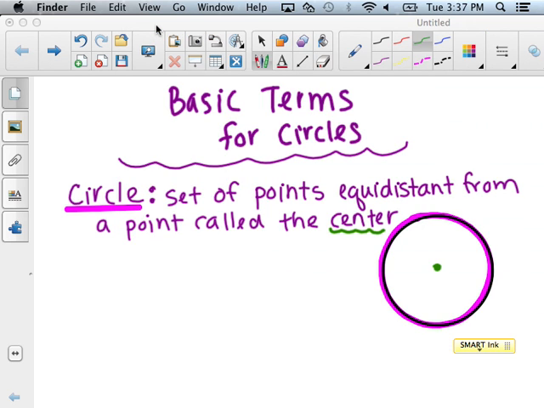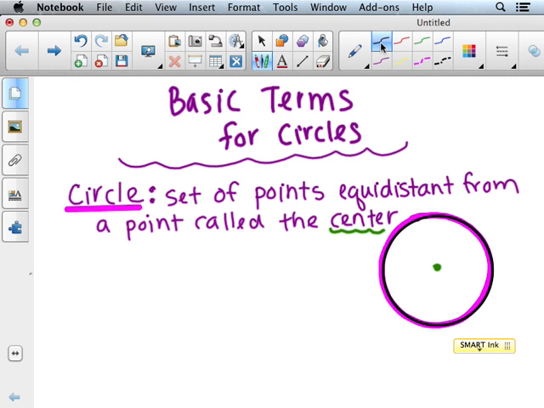Okay, next word is radius. So a radius is the distance from the center to an endpoint on the circle.